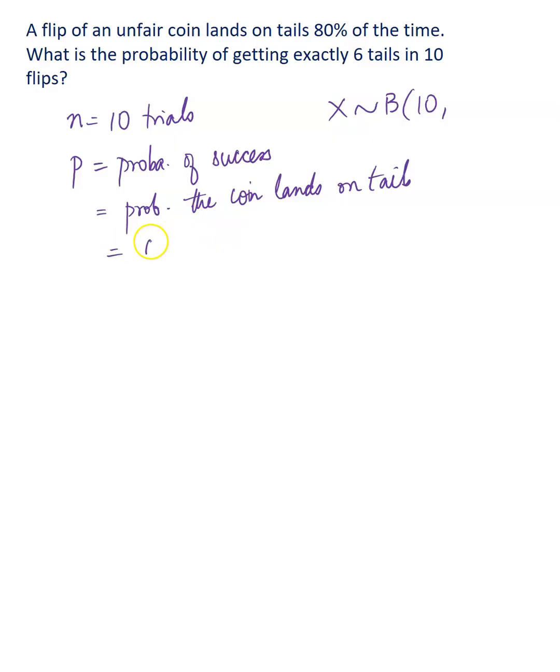That is given to be 80%, which is 0.8. So if I were to use the notation, then we'll say x is a random variable with the binomial distribution, with parameters 10, 0.8. So we got that.